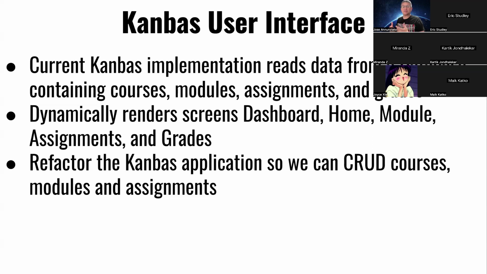What is the user interface correspondence to that data structure? And we built that. We created a whole bunch of components, the Canvas component, the courses component, the navigation components, the dashboard. All those collaborate to convert that data structure of courses and modules and assignments into a user interface. But currently the data is static.